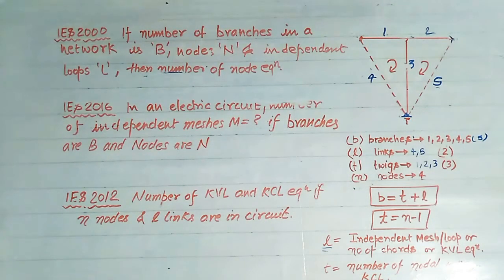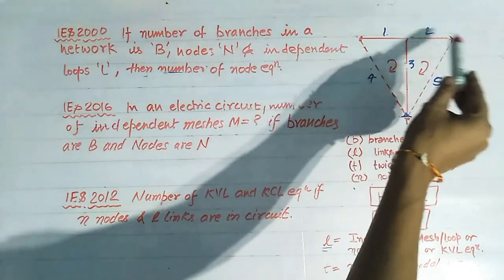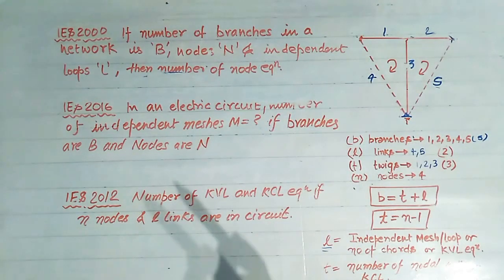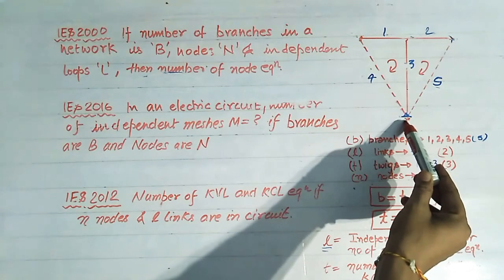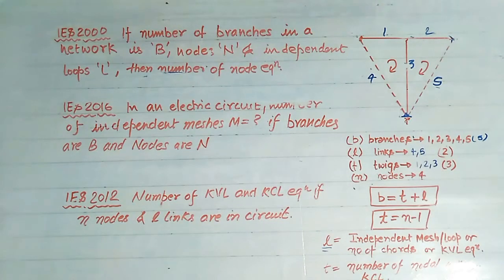The number of nodal equations is equal to the number of nodes minus 1. Why minus 1? Because one node is chosen as the reference node. That's why the number of nodal equations in a graph is equal to n minus 1. And what is n minus 1? That is equal to the number of twigs. So we can say that twigs is equal to the number of nodal equations in a graph.